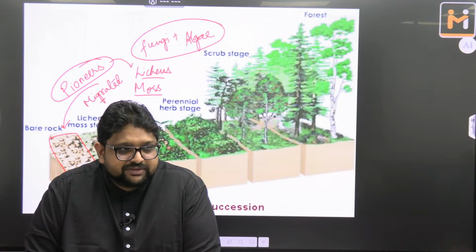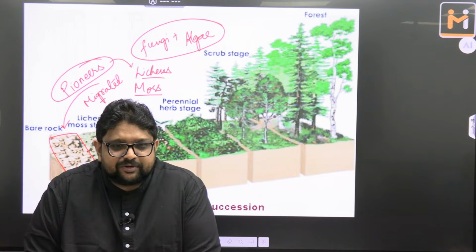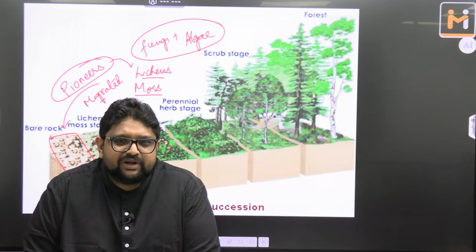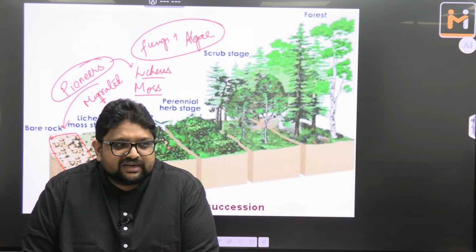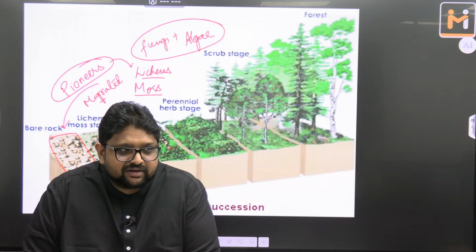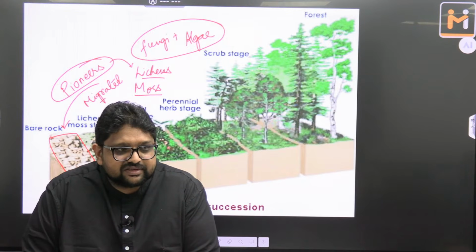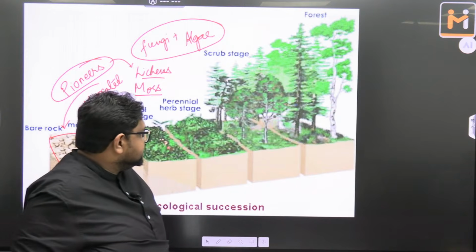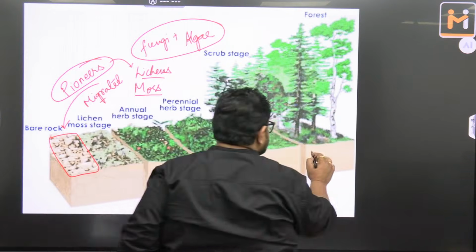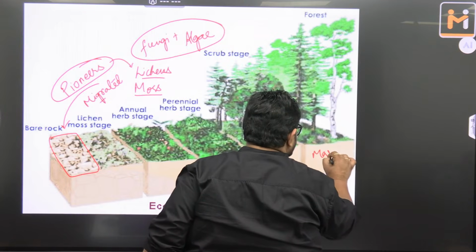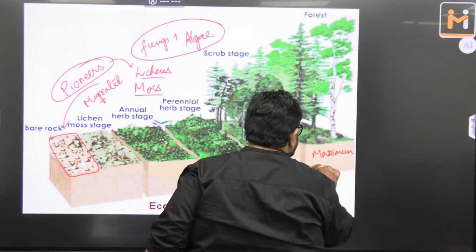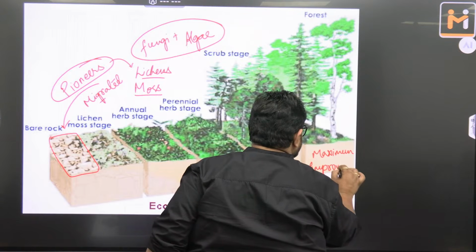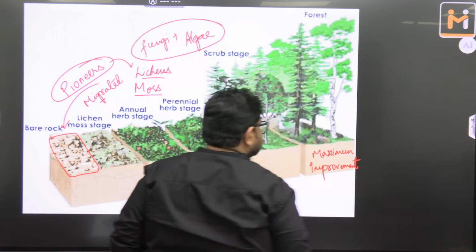Okay, so that is the thing, and this process will keep on happening till when? Till a stage comes where succession is not possible. That means the soil has reached a condition where it is improved to its maximum.